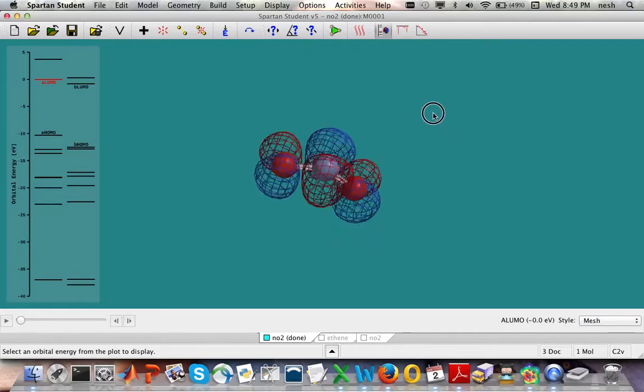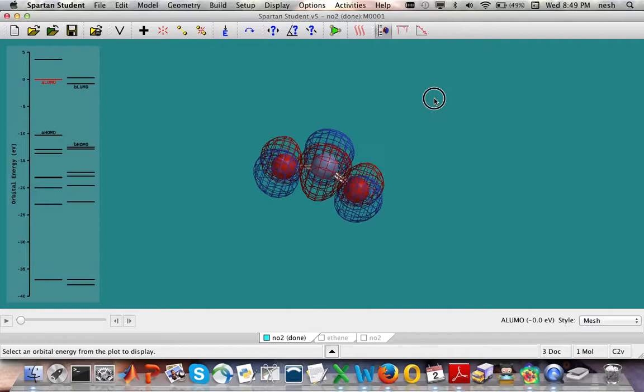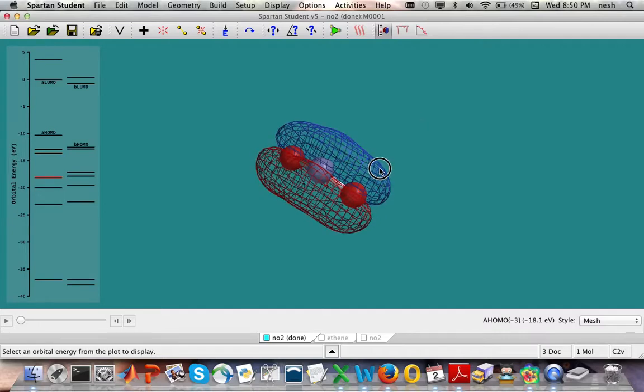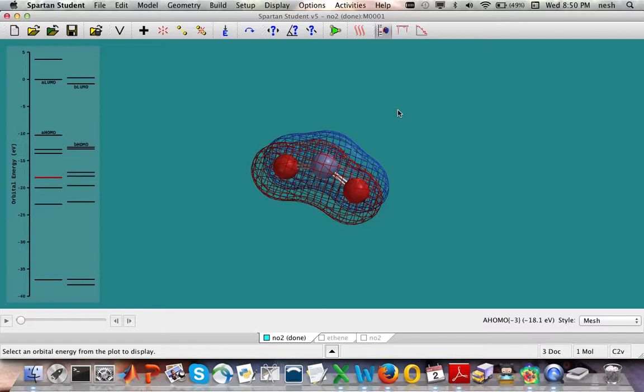So you notice what happens is that this pi orbital has, if you look at it at this angle, 2 nodes in it, and this one only has 1 node in it, and this one doesn't have any nodes in it. I'm not counting the node that separates the blue from the red in the first place. So that's kind of what you'll be doing for a lot of the molecules and atoms.